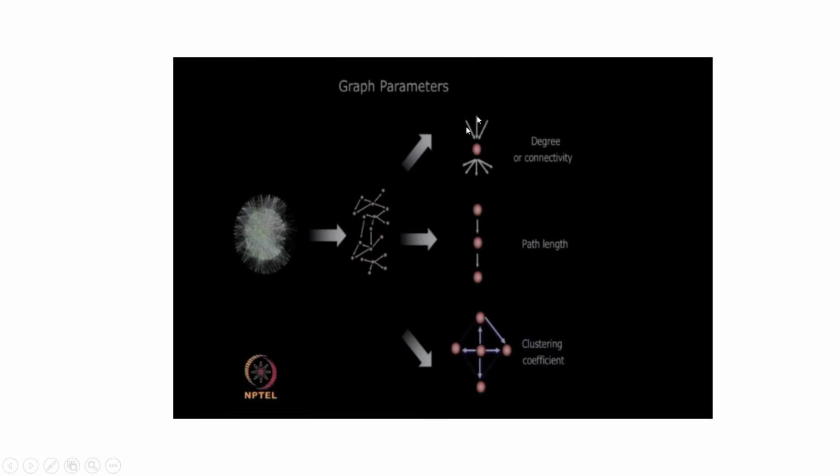You can see there are three things influencing one protein, for example, and that can interact with multiple proteins. Path length indicates how exactly this is influencing the other one.